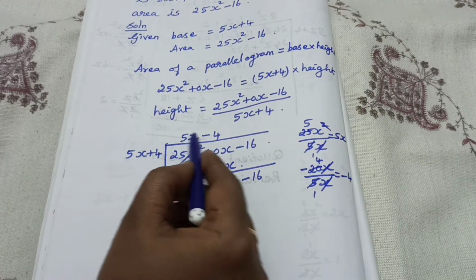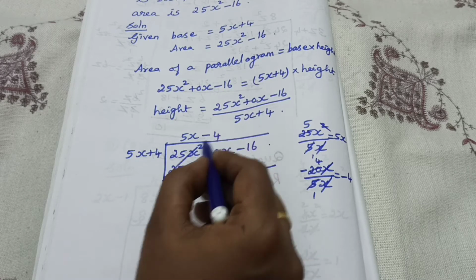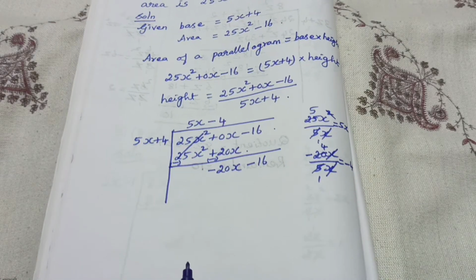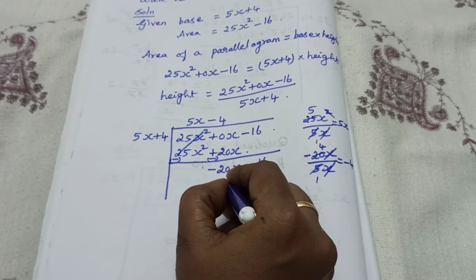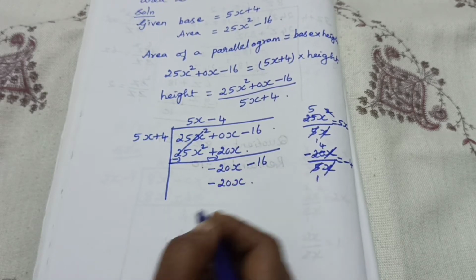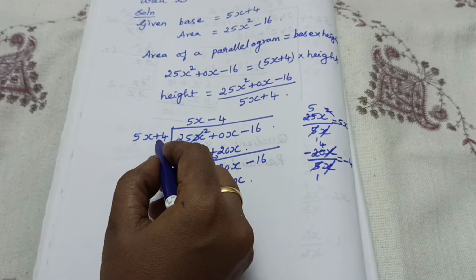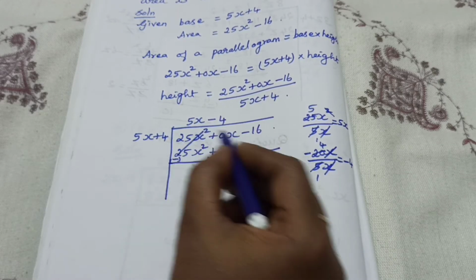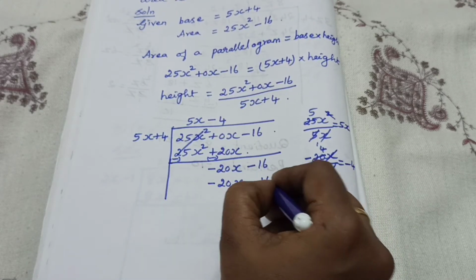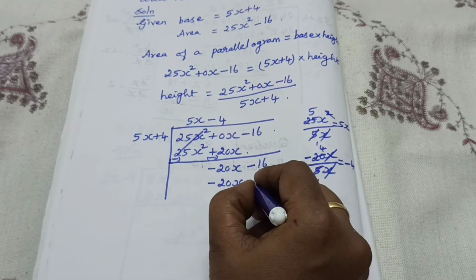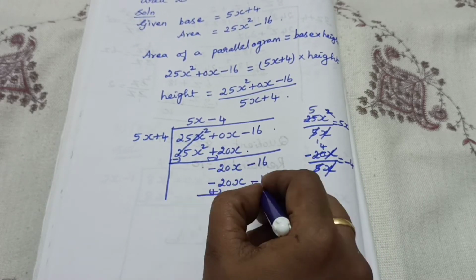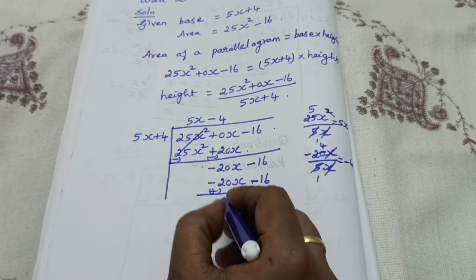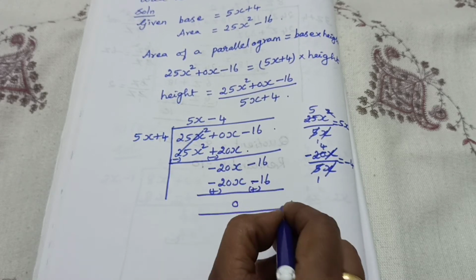Then this minus 4 you should take and multiply with the divisor. Minus 4 into 5x is what? Minus 20x. Then minus 4 into plus 4 is minus 16. Minus into plus is minus. Correct? Then afterwards subtract. The sign will change. These two subtract, so we will get 0.